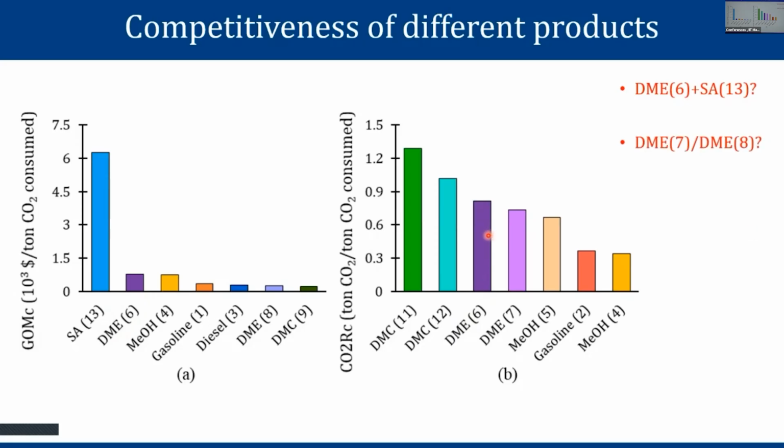So another conclusion that we can make is DME7 and DME8 will not be included in the optimal solution in any case, because DME7 and DME8 both have smaller values of GOM and CO2RC compared to DME6.